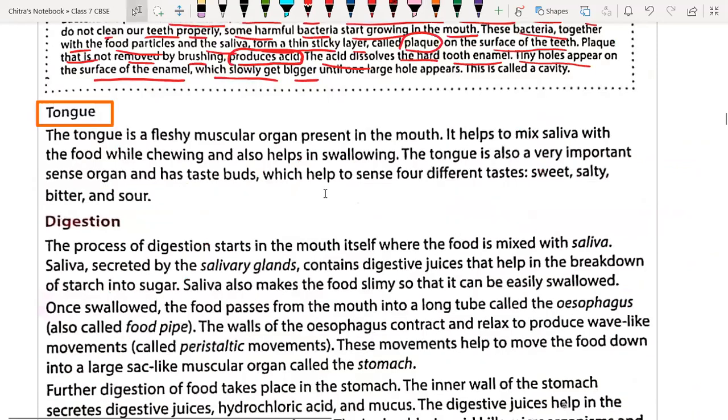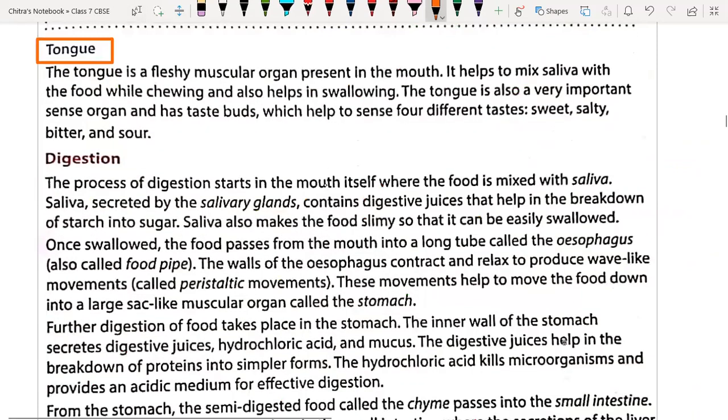Now we are going through the theory part. The tongue is a fleshy, muscular organ present in the mouth. It helps to mix the saliva with the food while chewing and also helps in swallowing the food.